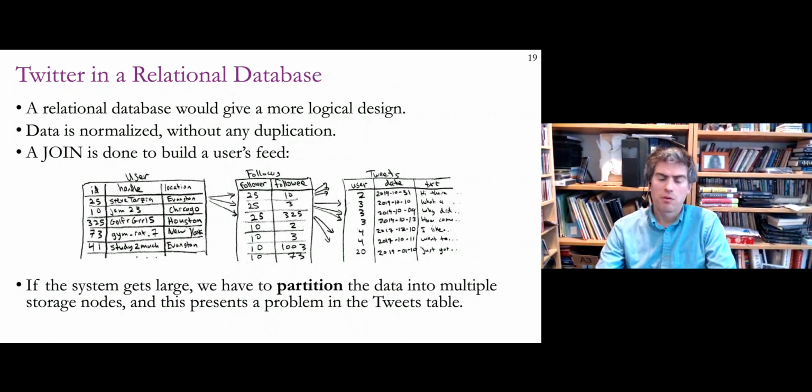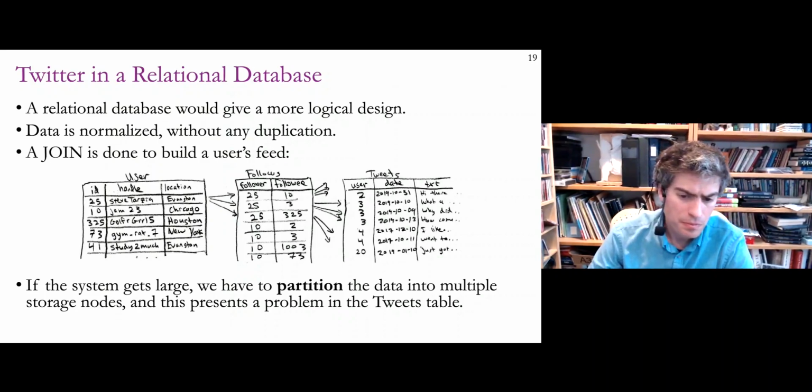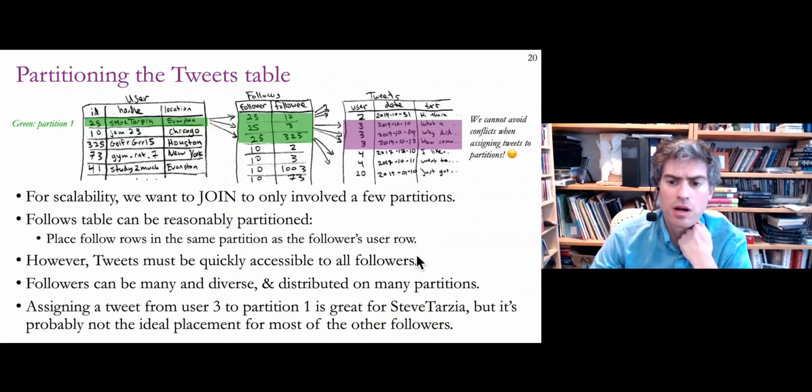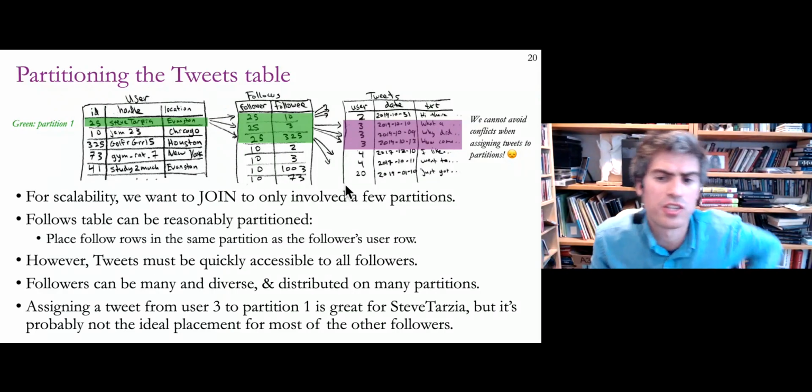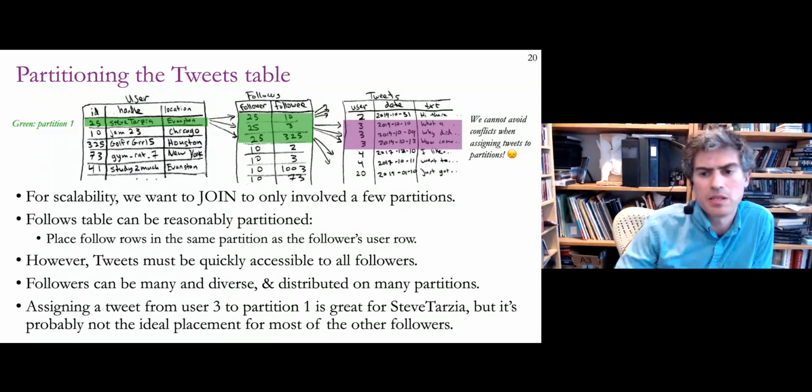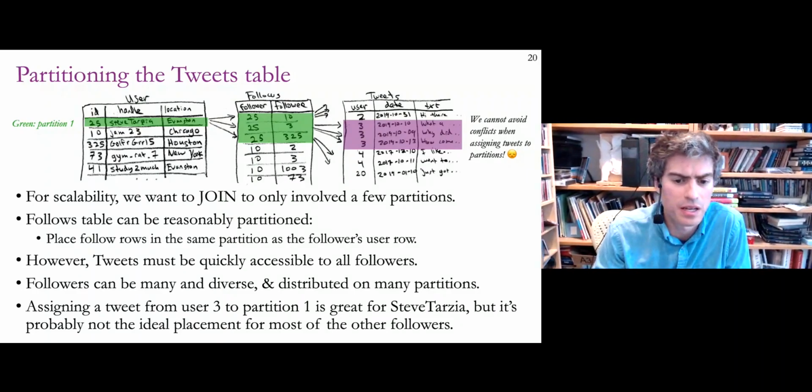Notice also that if we want to build a system to be large and scalable, we want to divide this data into many different database nodes. And we'll see this creates a problem because there's no way to partition the data in a way that doesn't require me to check all the nodes in the database to get the tweets that I should see, right?